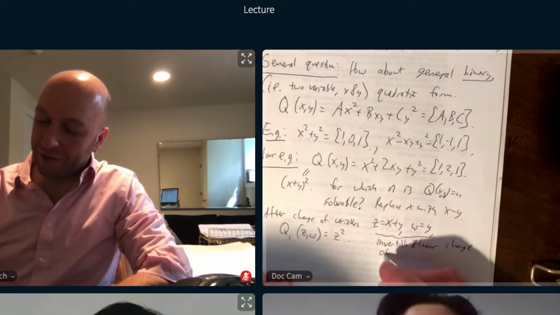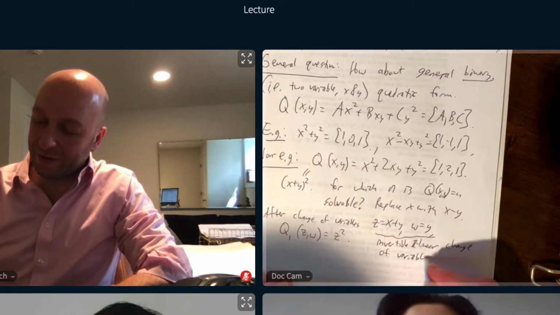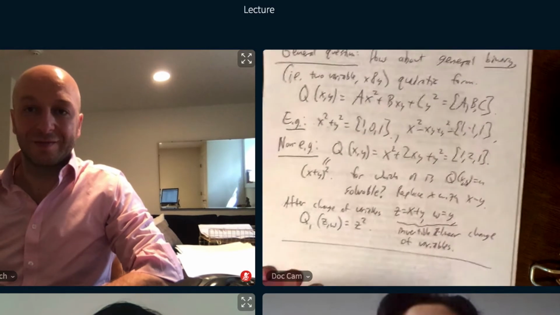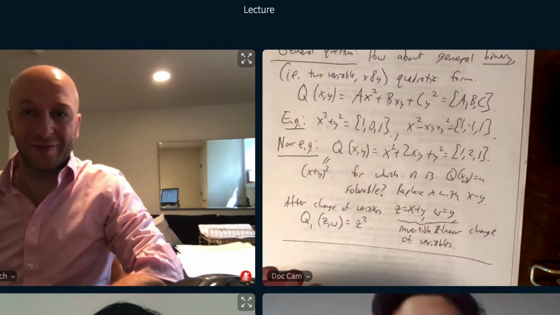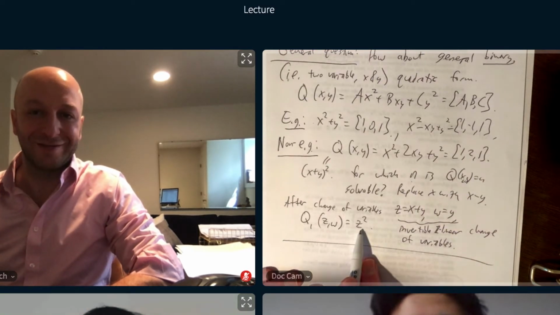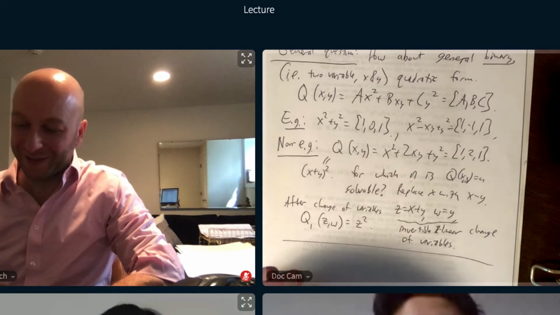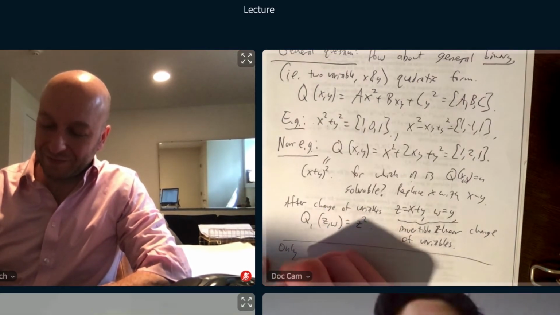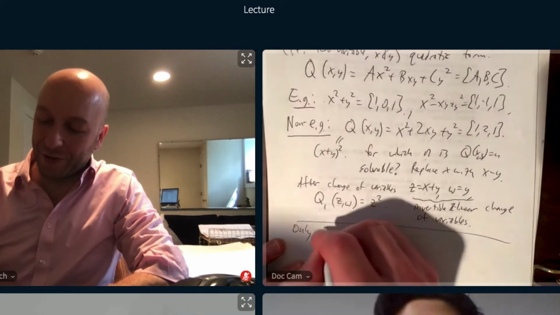And so which numbers are represented? Which integers n are represented by z squared? The squares, exactly, perfect squares. So only perfect squares are represented.